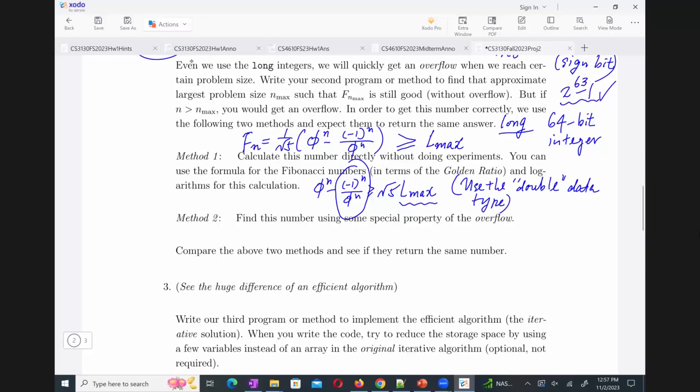So this number is extremely close to 0. All right? So then our inequality becomes phi to the n plus that little term.